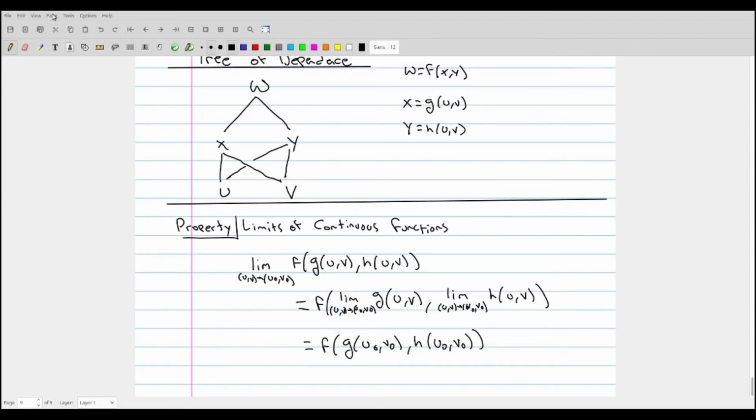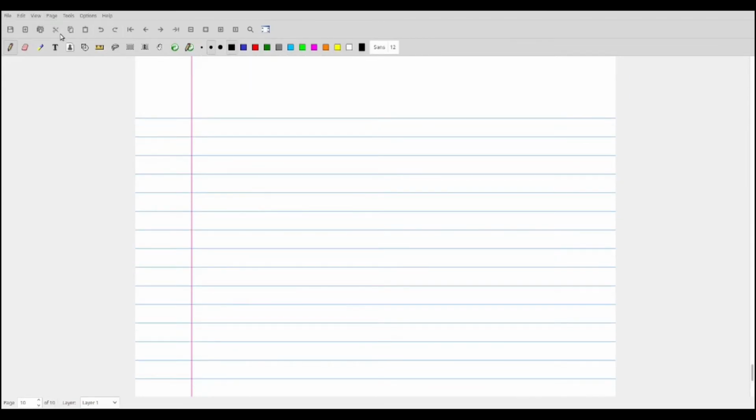This is called the extreme value theorem. This is for continuous functions. And this says the following.